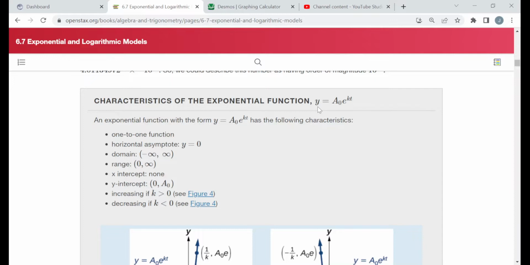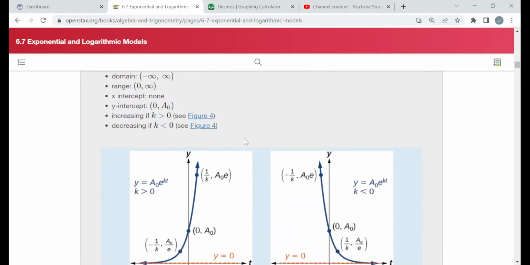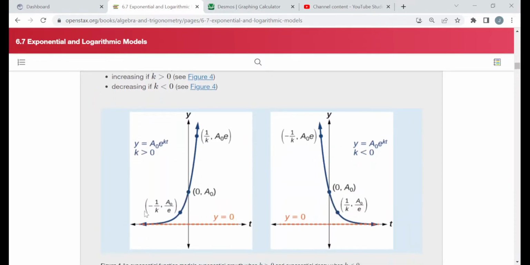They go over the graphs of these. When k, that continuous rate of growth, is positive, we have an increasing function, thus the name growth model. And if that value of k is less than 0, we get a function that looks like this, and you see the amount is decreasing as time increases, as you go to the right.